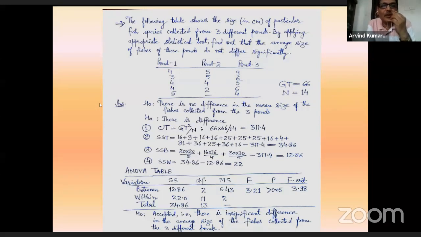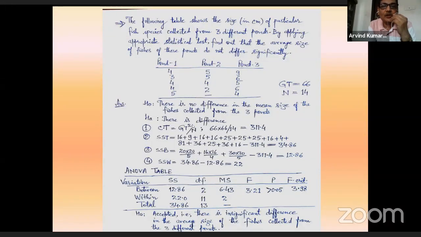For SST, what we are doing is that every value is being squared. That is, 4, its square will be 16. Then the second value is 3, and this 3 is being squared and its value is 9. Again 16. So we are making a square of every value: 4 square, 3 square, 4 square, 3 square, 5 square, 5 square, 5 square.